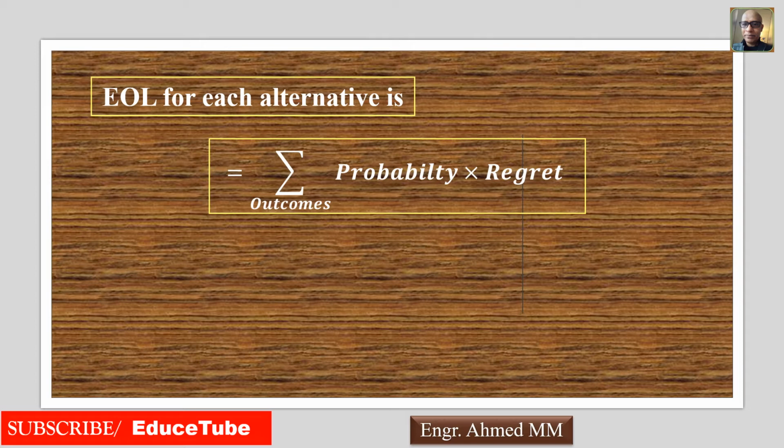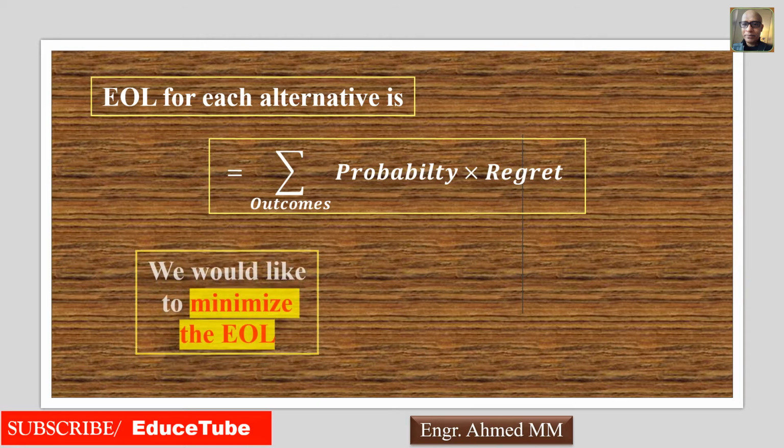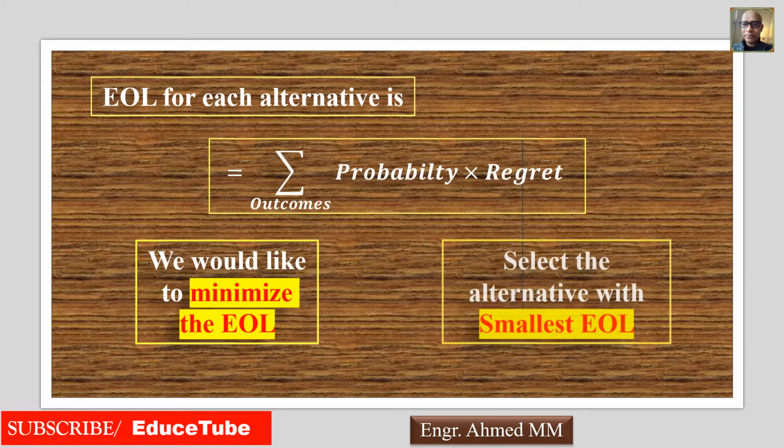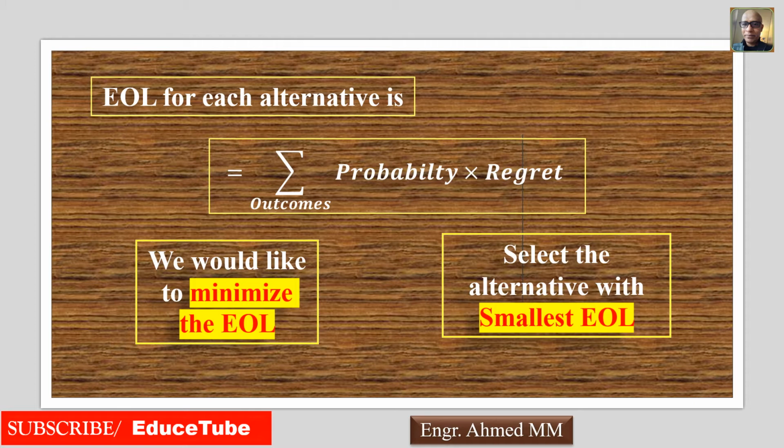It is a most important point. Now we would like to minimize EOL. As such, we will select the alternative with the smallest EOL. So let's move to the next slide to see how to do that.